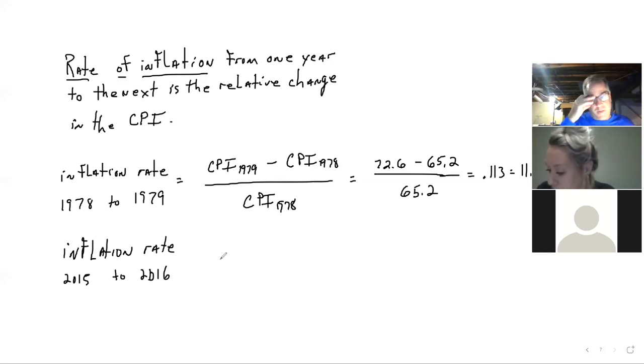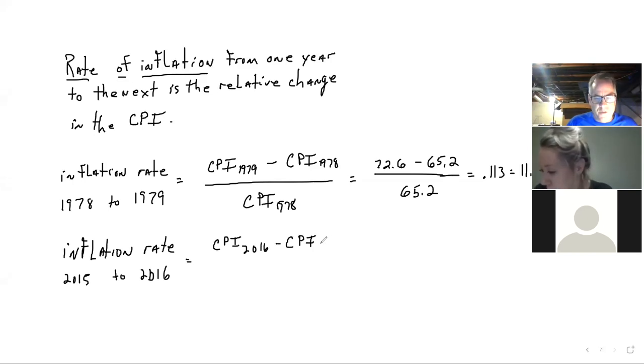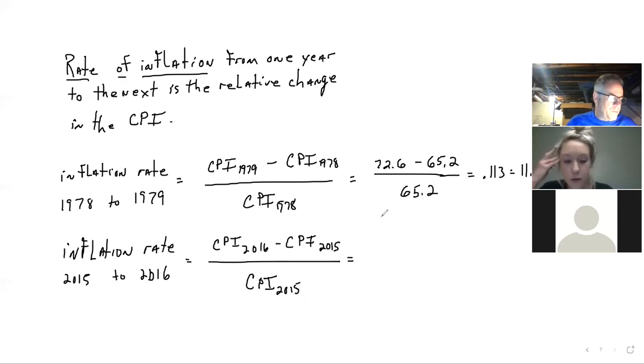Now, right now, from like 21 to 22, it's a little bit more than this, but so I would want the CPI of 2016 minus the CPI of 2015, and then we'll divide by the CPI of 2015.